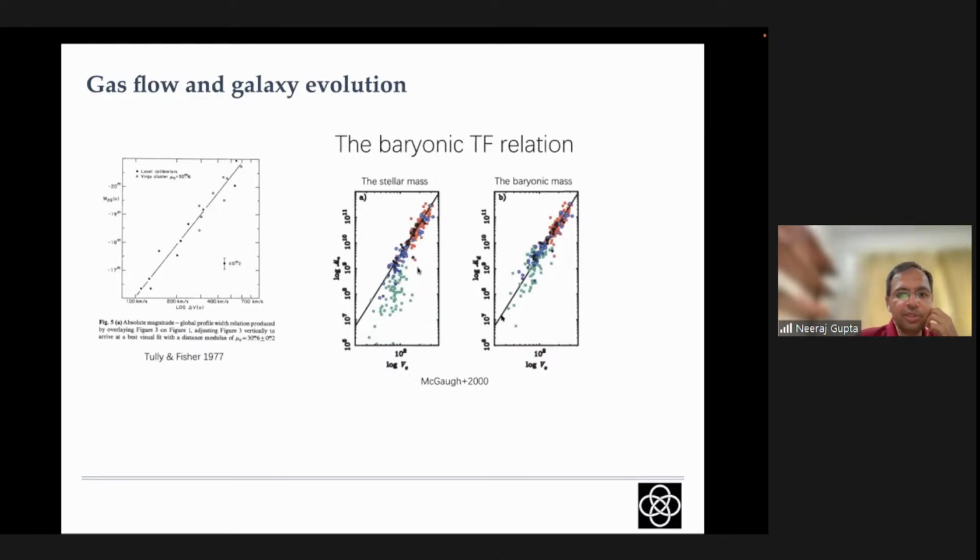But there are also these low mass galaxies here, which are dwarf galaxies, which do not satisfy this relation. So another improvement was to replace stellar mass with the total baryonic mass or the dynamical mass, and that then provides a much tighter relation.